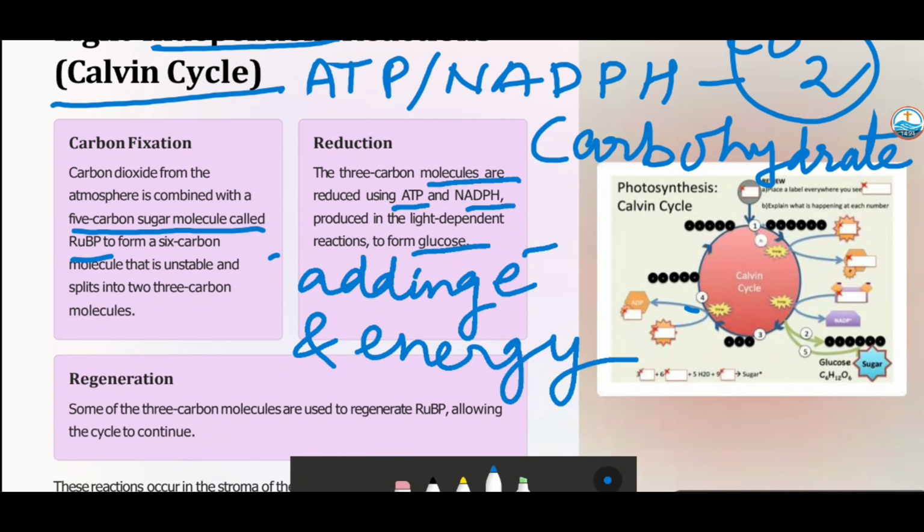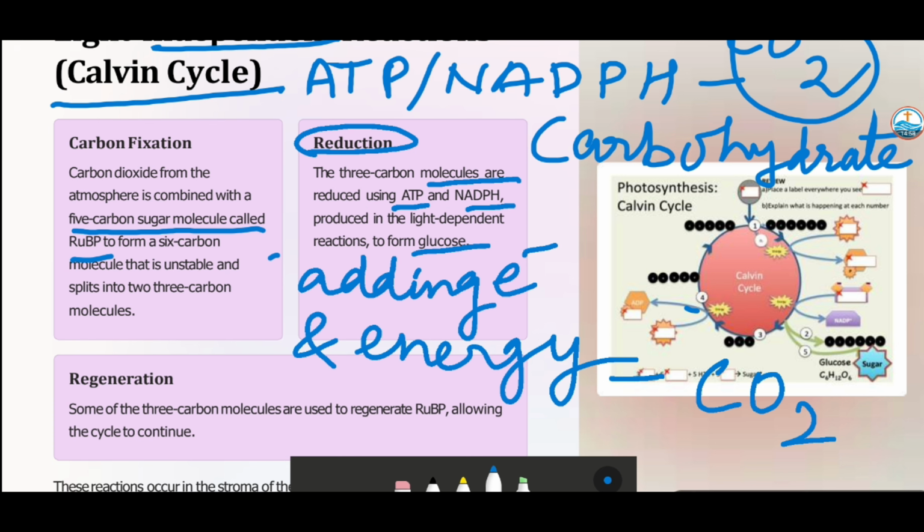Again I will say, please note down, you must have studied this reduction process in chemistry also. All right, oxidation and reduction. So here the reduction process takes place. Why? Because we are adding the electron and the energy to the carbon dioxide molecule, and ATP and NADPH are provided because they supply these electrons for the reduction of the carbon dioxide.